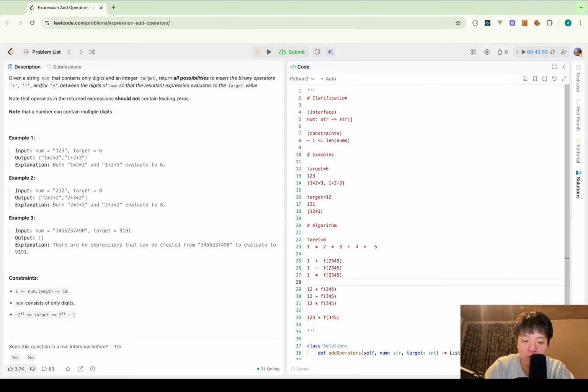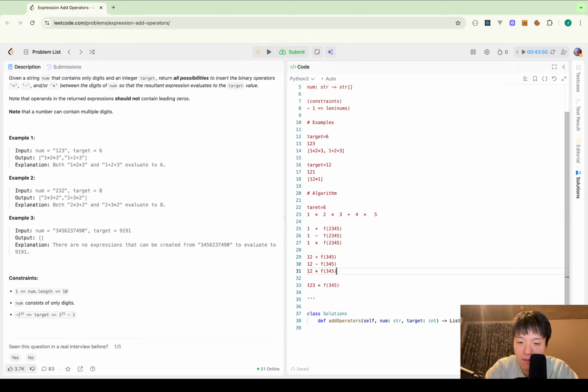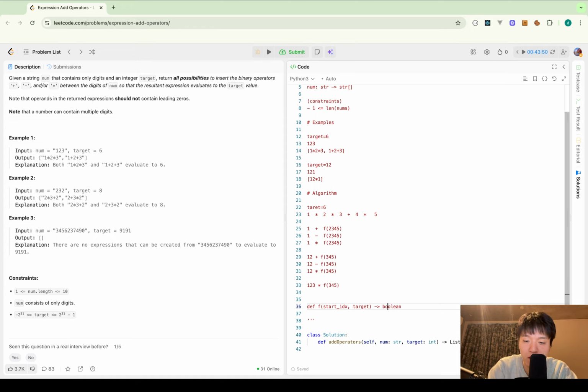Okay, let me go with this intuition. When I start from somewhere, the dynamic programming recursive function in the top-down approach looks like this: start index and target, and it returns a Boolean, whether I can create the target from the start index of the given string num.